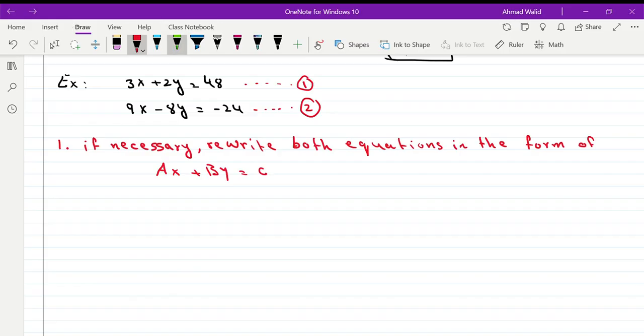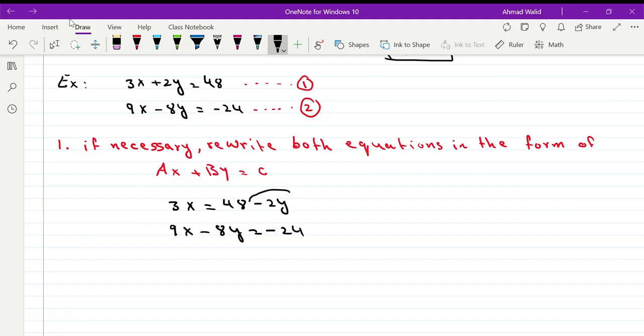Let me explain. For example, they give you a system like this: 3x equals 48 minus 2y, and the second equation, let's say they're giving you this way, 9x minus 8y equals negative 24. Look, in your equation number 1, one of the variables is on one side and the other variable is on the other side.